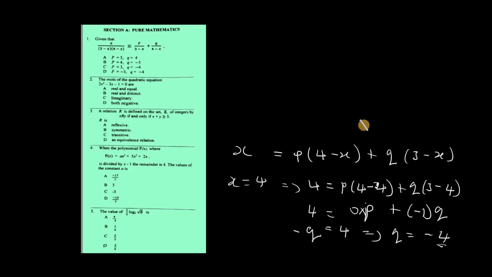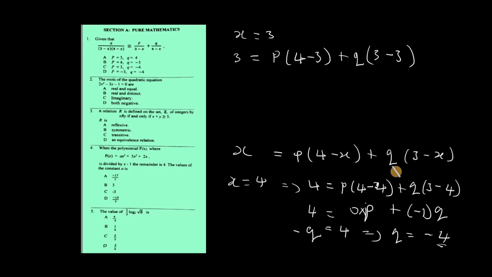Now if I let x be equal to 3 and I substitute in this equation, I'm going to have 3 is equal to p into 4 minus 3 plus q into 3 minus 3. So I put 3 in the place of x.